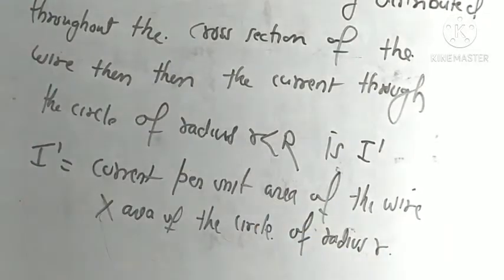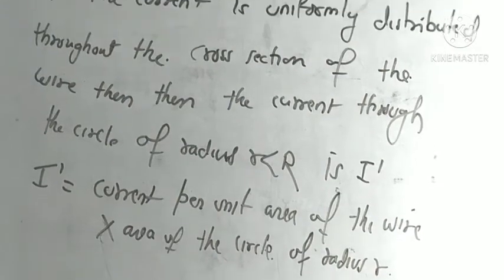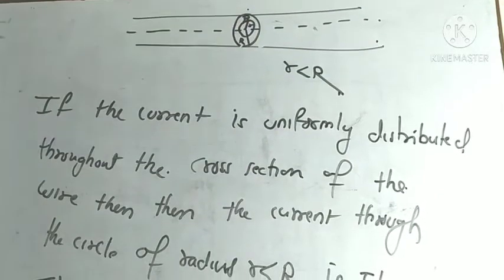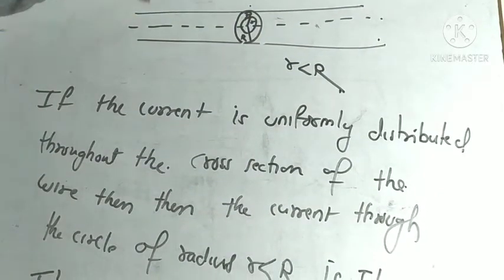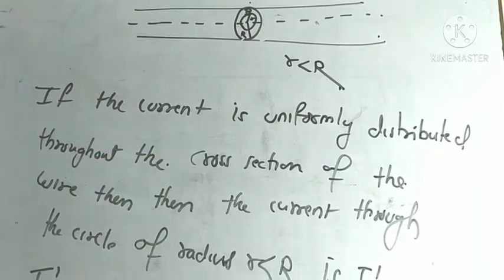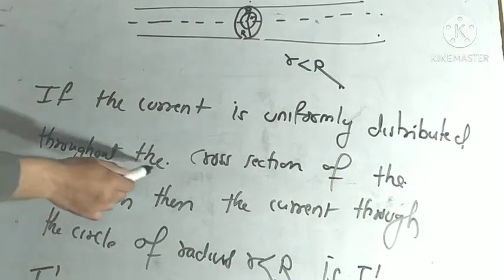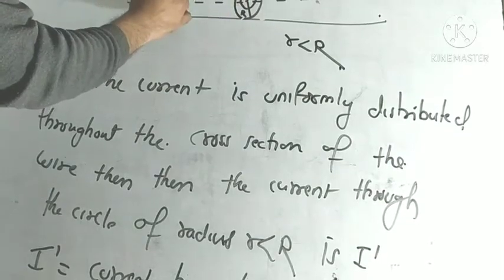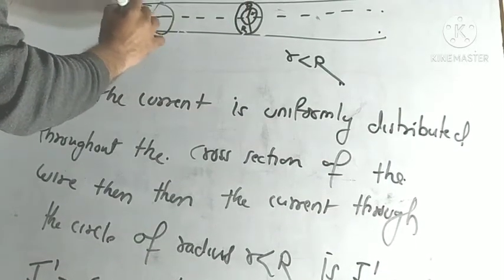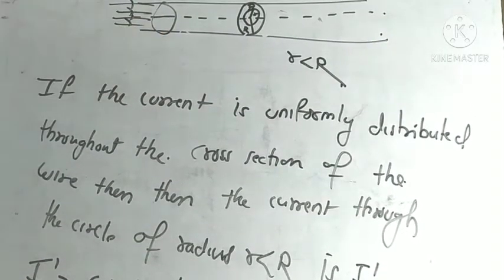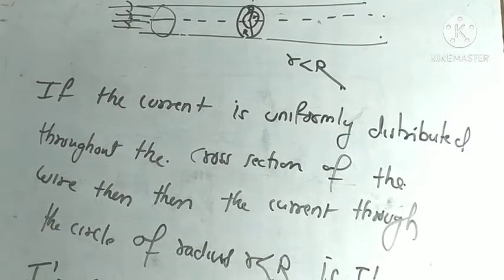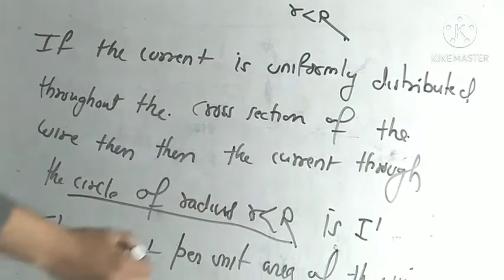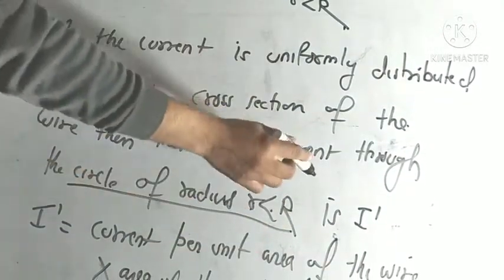So if this wire is not hollow, then we have to find the magnetic field at point P. Here current flows throughout this wire. If the current is uniformly distributed throughout the cross section of the wire, we take any cross section here, then the current through the circle of radius r, which is less than the radius of this wire, is I dash.